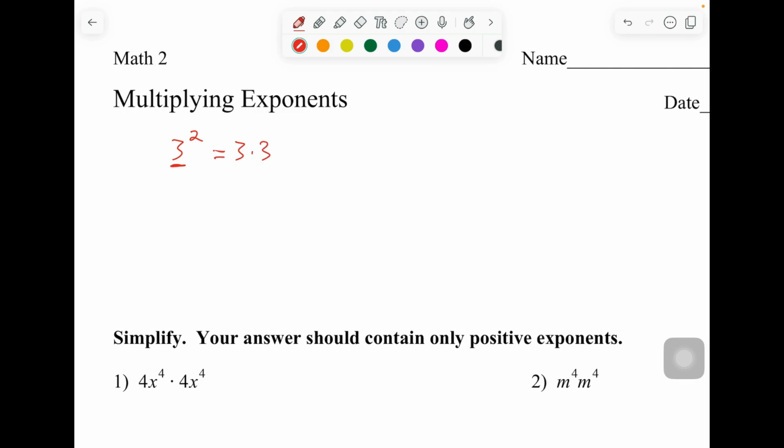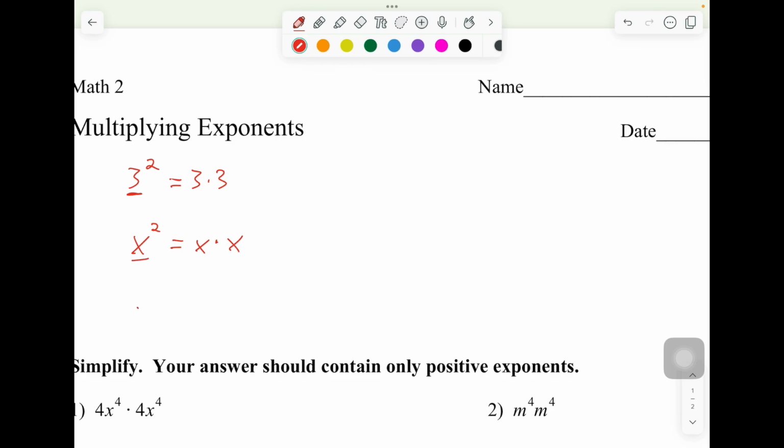So 3 squared is that there are 2 threes that you multiply. When we talk about x's, if there's x squared, it's the same deal. It means there are 2 x's. It just means x times x. Okay? I can go even bigger and say x to the 5th. That means there are 5 x's that you have to multiply together. So you can just write it out like this. Okay?